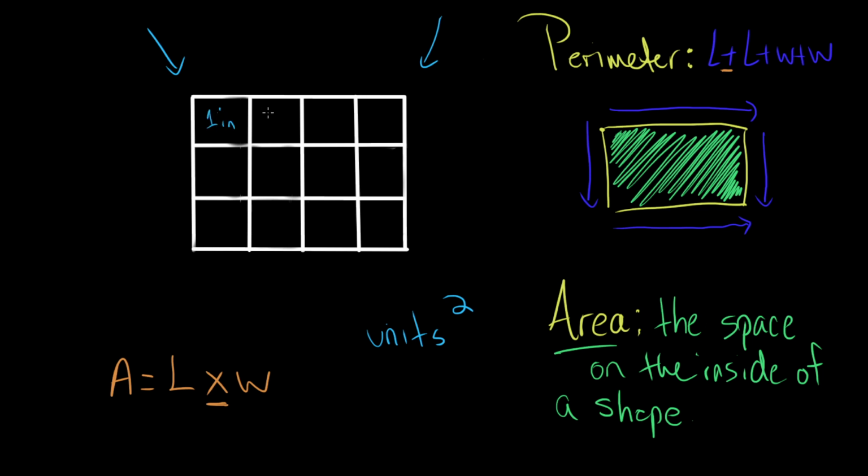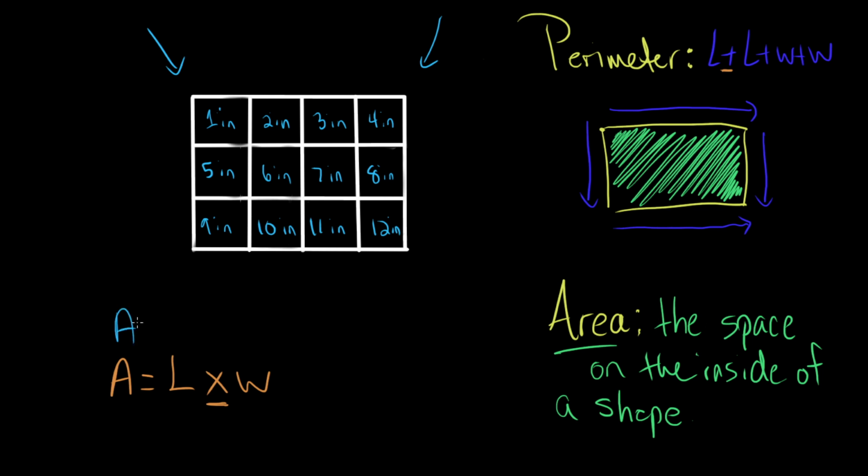So this would be 1 inch, 2 inches, 3 inches, 4 inches, 5 inches, 6 inches, 7 inches, 8 inches, 9 inches, 10 inches, 11 inches, and 12 inches. And if I said, how much space is taken up by the inside of this rectangle? Well, you can see there's 12 of them. So we would see the area for this shape is 12 inches squared.